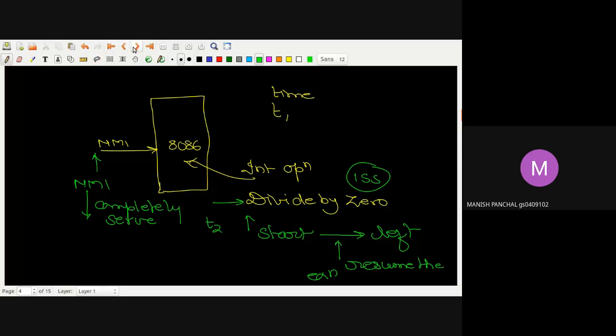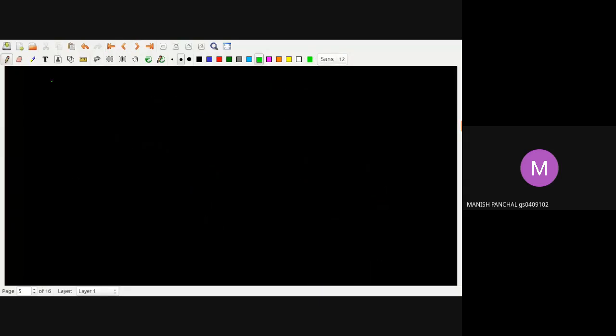So my point was, we first talk about the various types of interrupts and how we can define the vector table for that. This is very important. First we'll talk about how the hardware interrupts will be actuated.